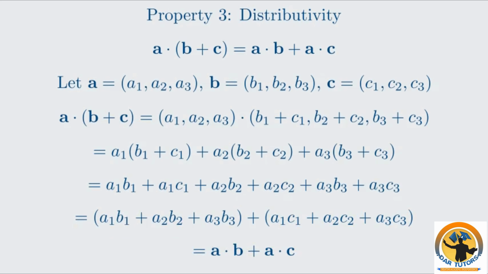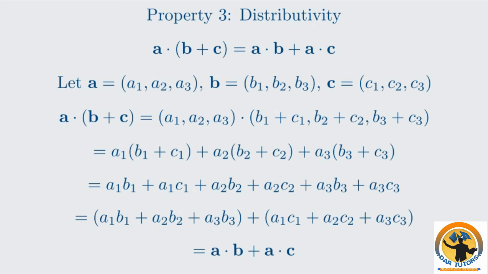Distributing the components of A, we get A1B1 + A1C1, and so on. Rearranging the terms, we can group them into A1B1 + A2B2 + A3B3 + A1C1 + A2C2 + A3C3. This is exactly A dot B plus A dot C, proving the distributive property.